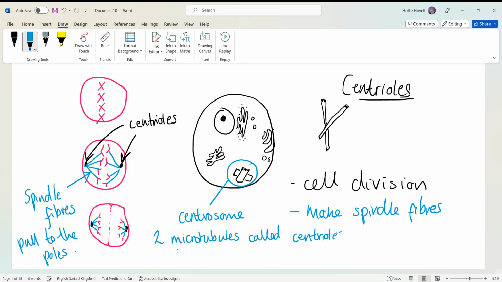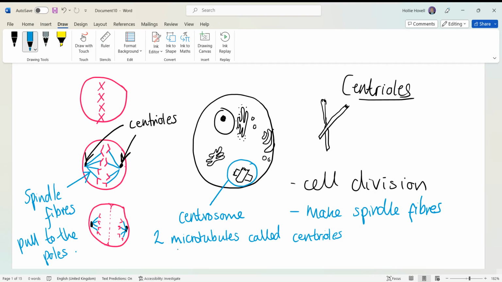Then we talk about how one centriole goes to each pole of the cell and produces these spindle fibers. The spindle fibers then attach to the chromosomes. The spindle fibers shorten, pulling the chromosomes to the pole, ready for the cell to split in two to make two cells.